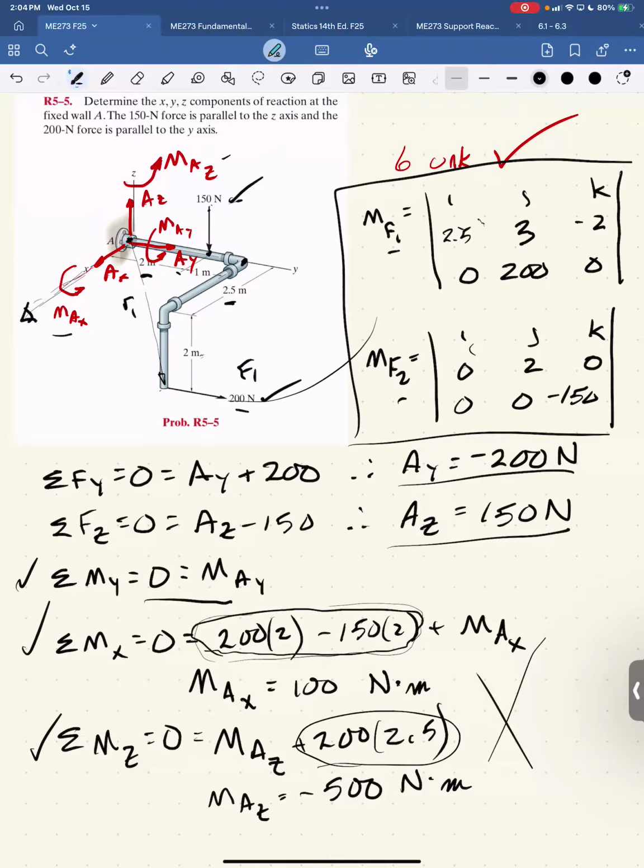Isn't the moment supposed to be negative? 400, yeah. Why is it negative? I drew it positive, but it just came out negative. So it's actually the other way. Like if you look at the drawing, wouldn't it make sense if it goes counterclockwise?